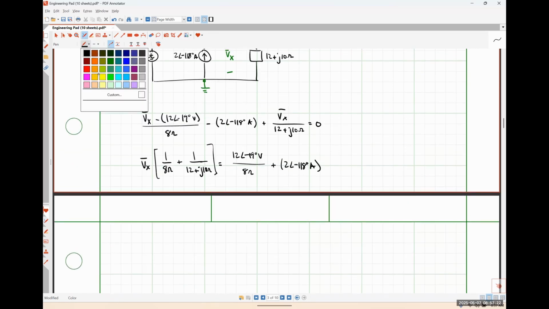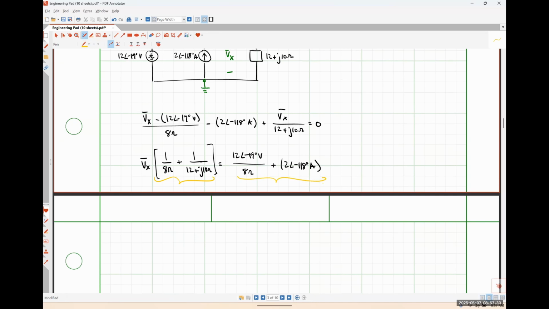So this term right here is just a constant that we can evaluate in our calculator, and this term over here is another constant that we can easily evaluate in our calculator. So I'm going to do that right now. I'm going to call this one A, and this one B.